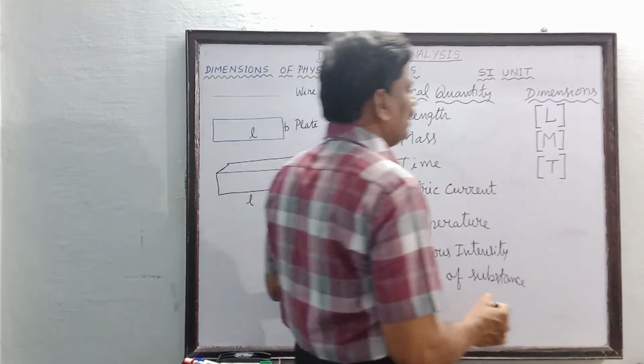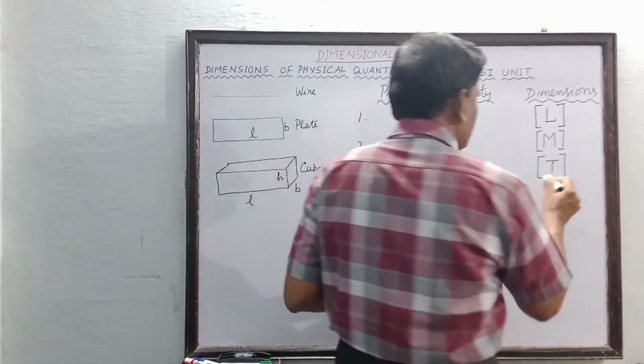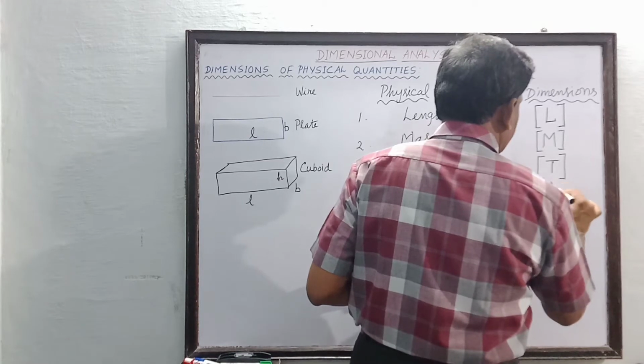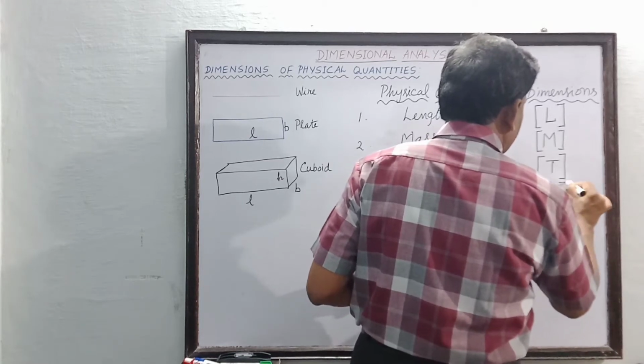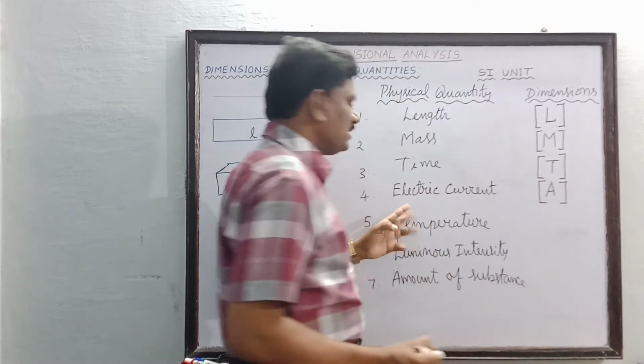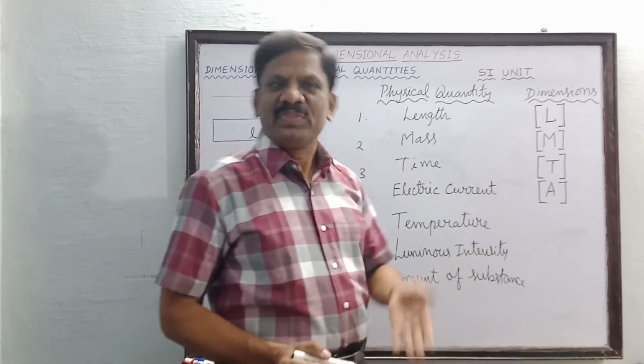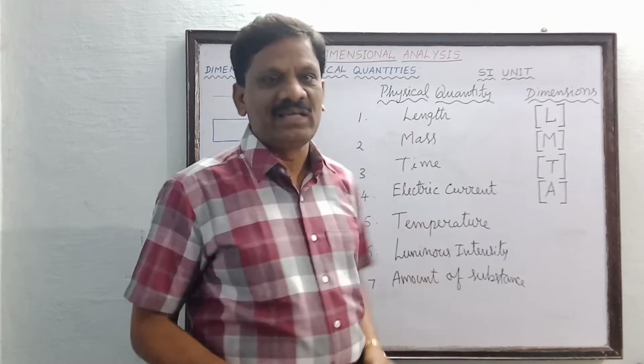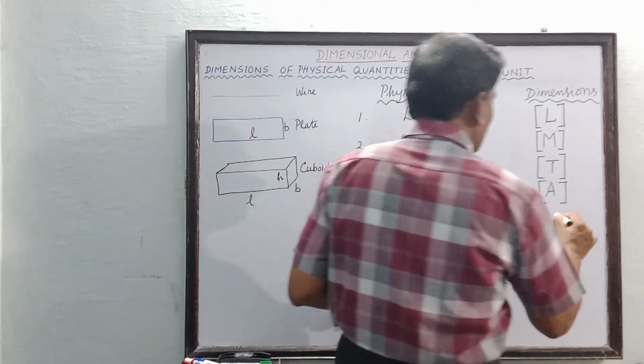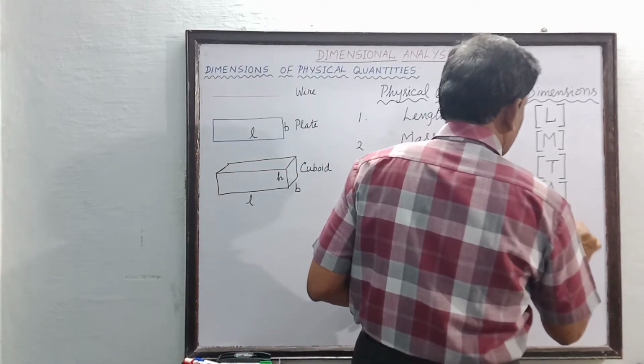For electric current, the unit is ampere and the symbol is capital A, which is also the dimension. And for temperature, what is the SI unit? Kelvin. It is named after Lord Kelvin. So K is the symbol and also the dimension for temperature.